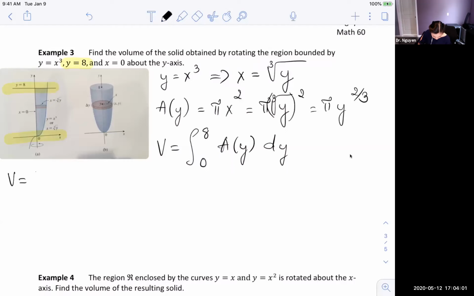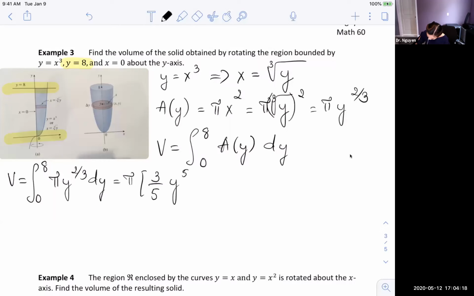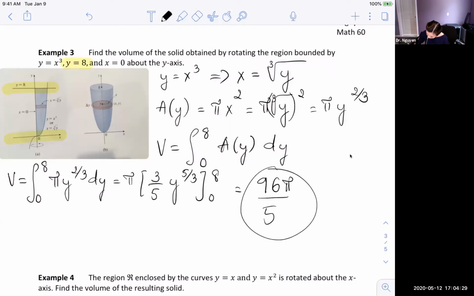So the volume is going to be the integral from 0 to 8 of pi y to the 2/3 dy. We take the antiderivative. I can take pi out. It's going to be 3/5 y to the 5/3, and we go from 0 to 8. So we end up with 96 pi over 5. So that's the volume.